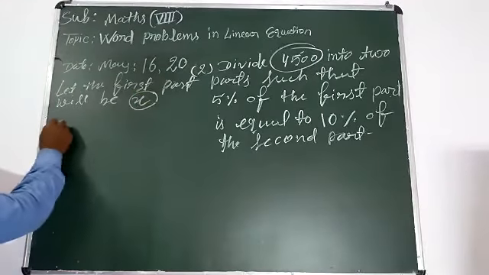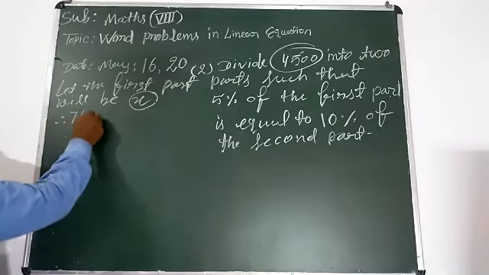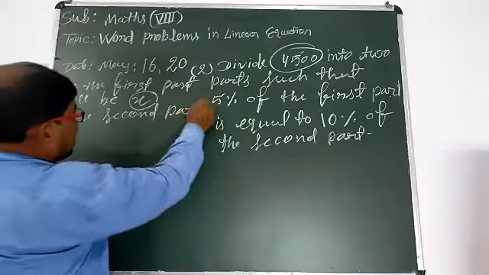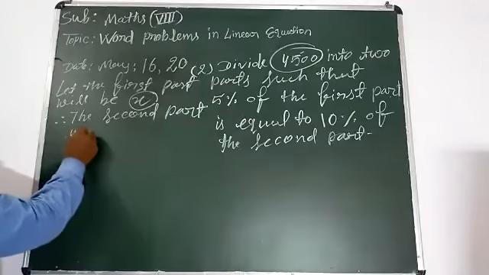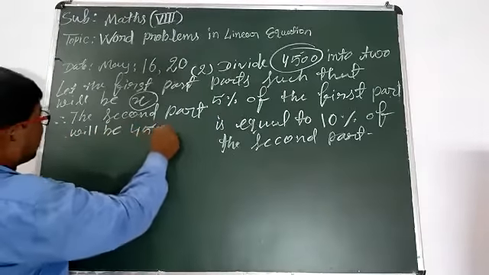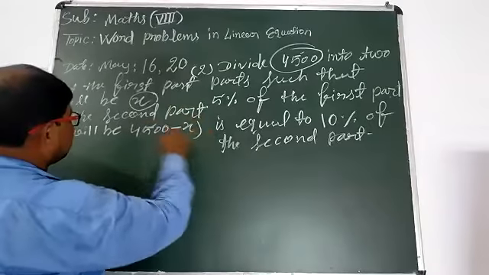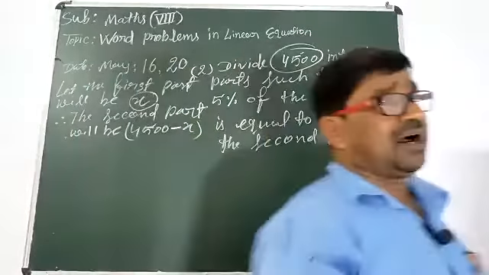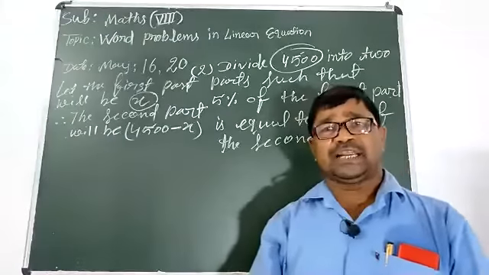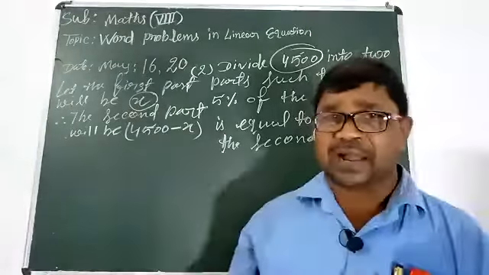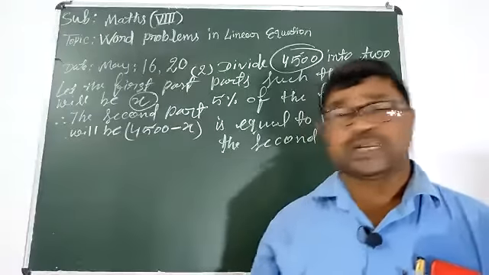So the second part will be what? 4,500 minus x, because the division of the sum is only into two parts. If we know the first part, then we can say the second part. Suppose you had 20 rupees.